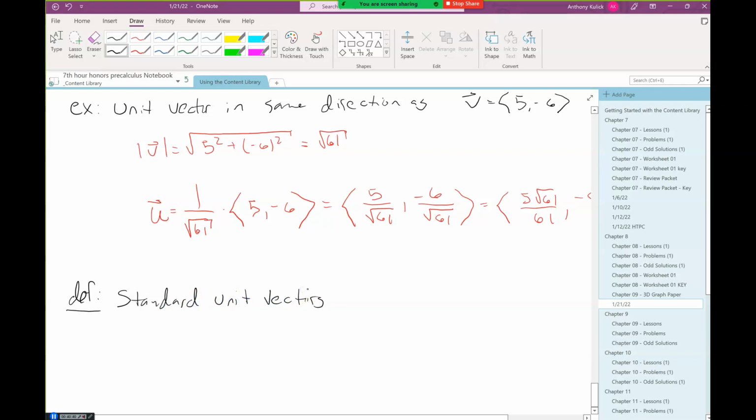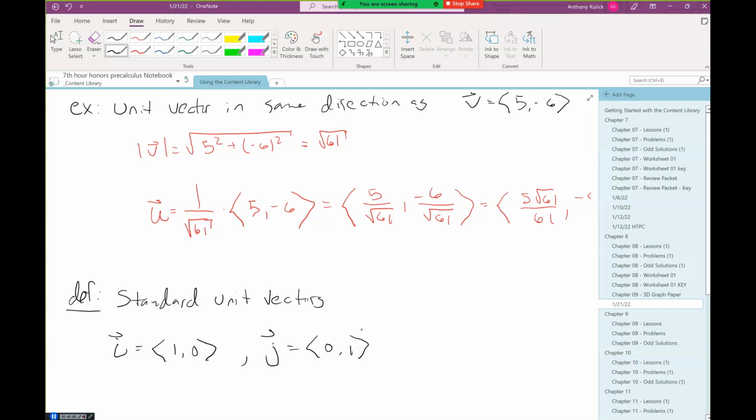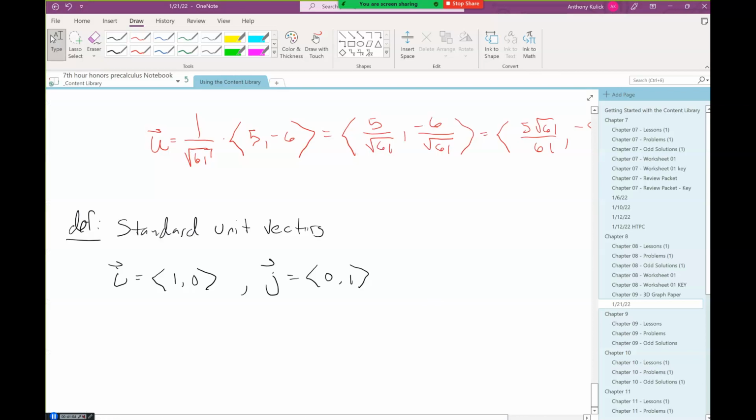So we have these standard unit vectors that we're going to call i and j. i is the vector 1, 0. j is the vector 0, 1. Now, these 2 unit vectors are important because they give rise to a new representation for a vector called the linear combination form.